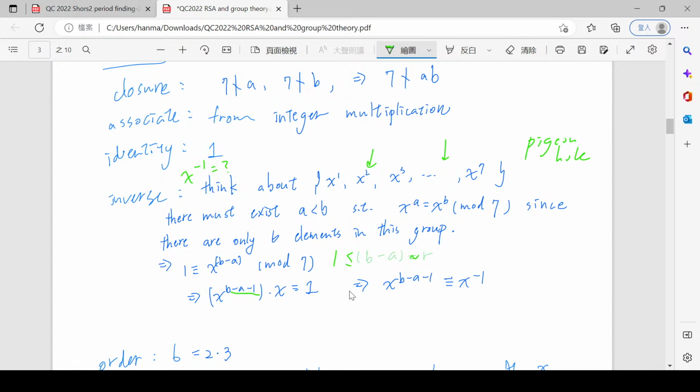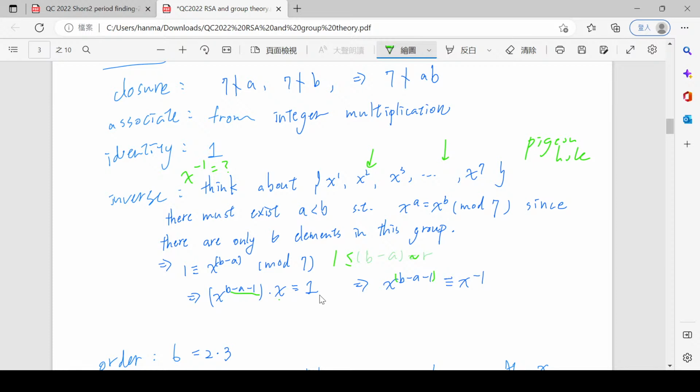And anyway, we know x to the b minus a minus 1 is the inverse of x, right? Because when you multiply x with it, it becomes identity. Okay.